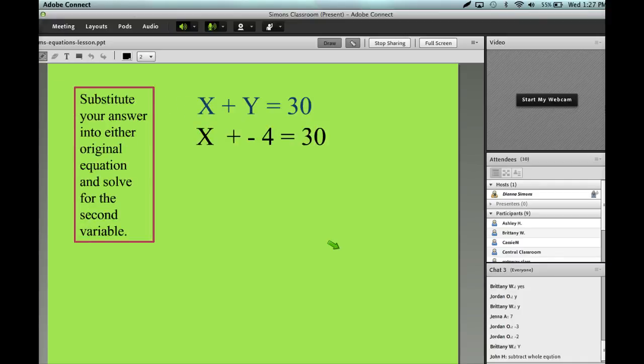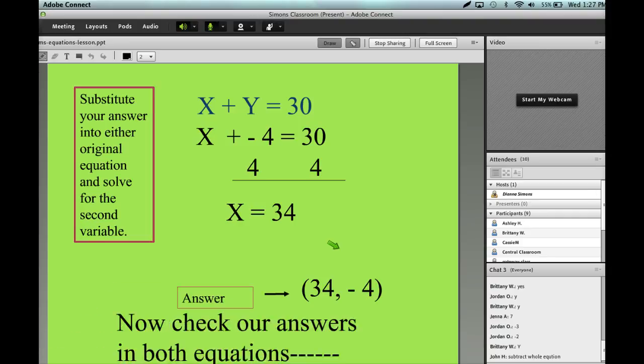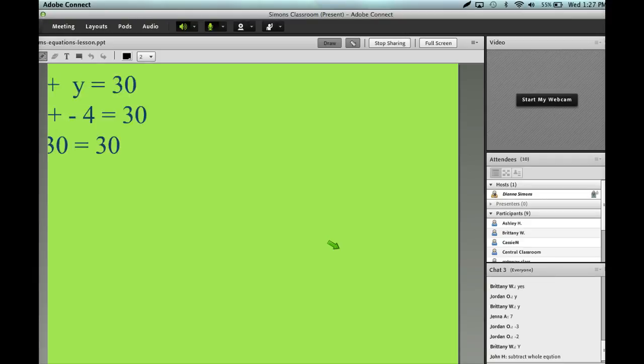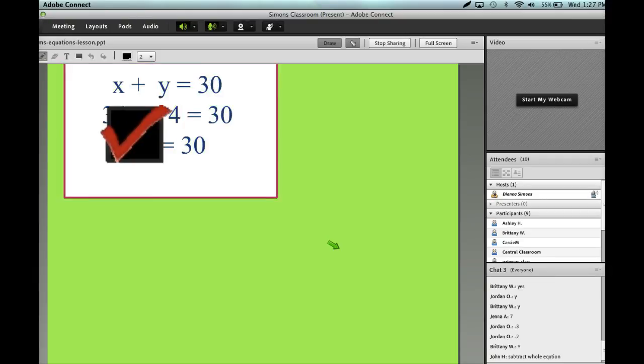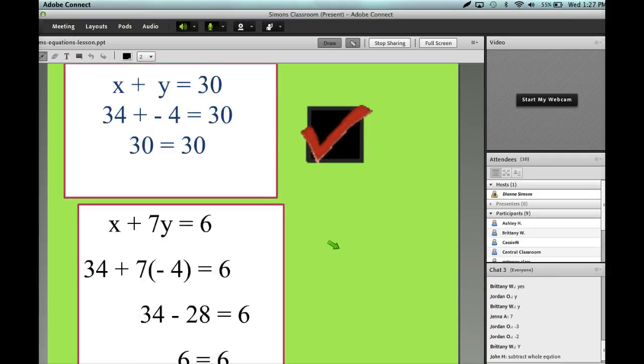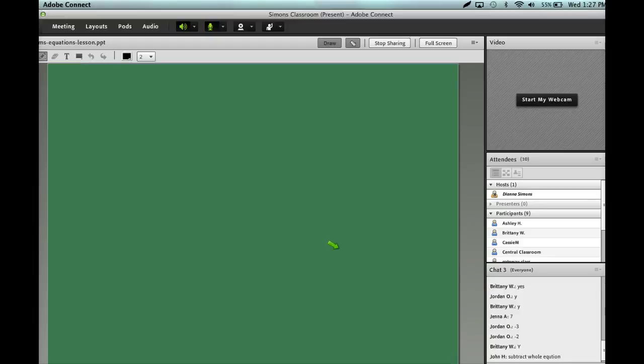Put it in whichever one is easiest for you. So x is 34. All right. What do you guys think? Let's check them. 30 is 30. 6 is 6.